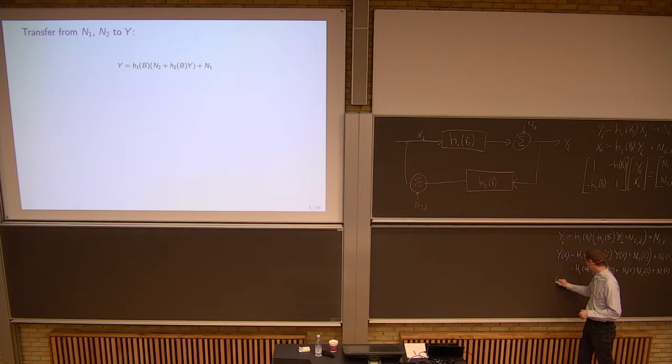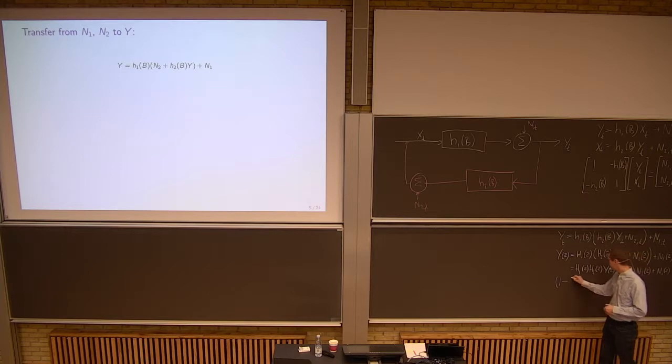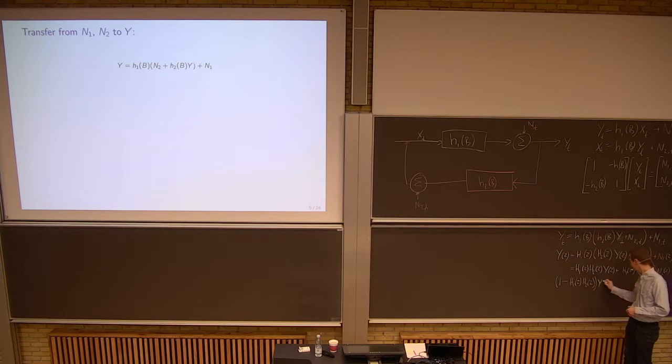That will give me a 1 from that one up there, minus h1 of z h2 of z on y of z equals, and then what is remaining on the right-hand side, h1 of z on n2 of z plus n1 of z. Sorry, h1. I think I said some n's where I meant h. Sorry about that.